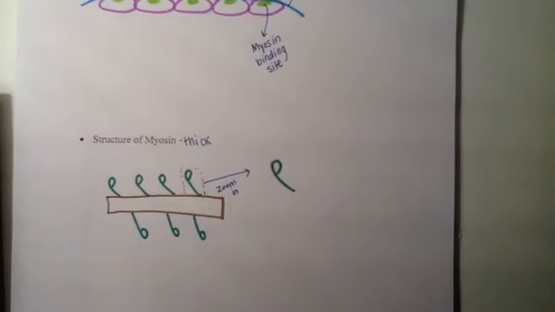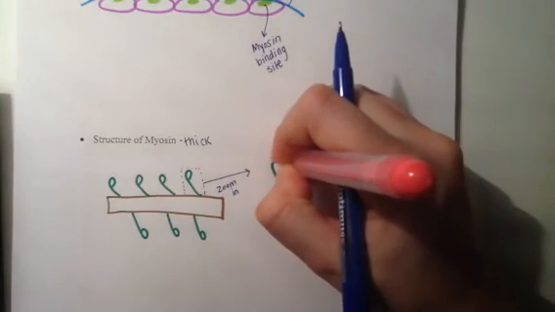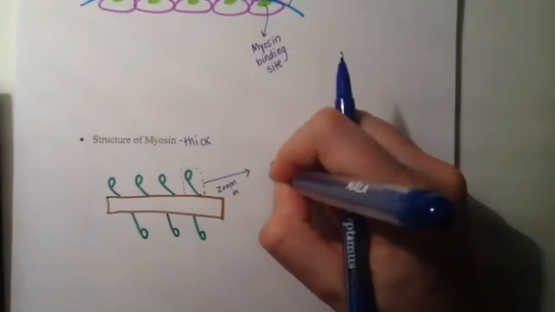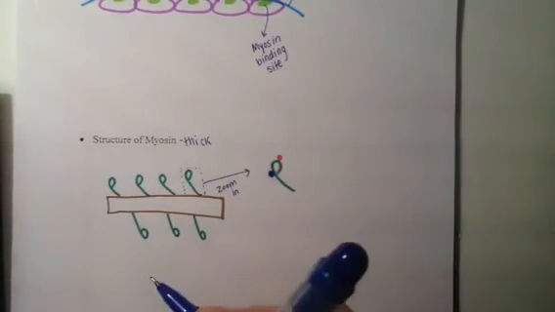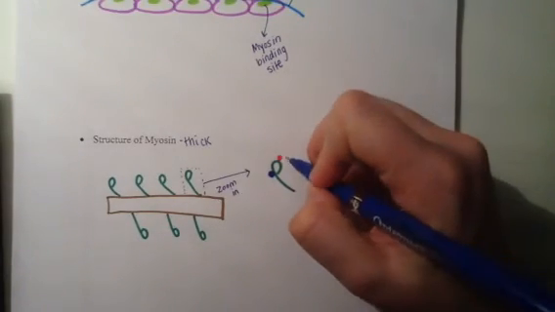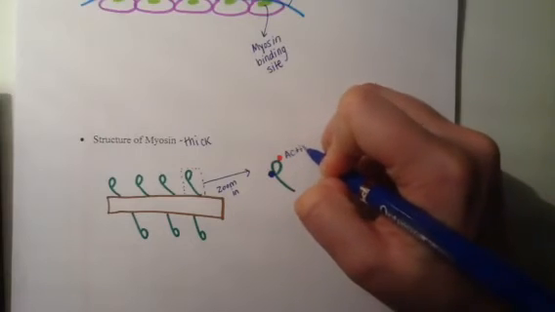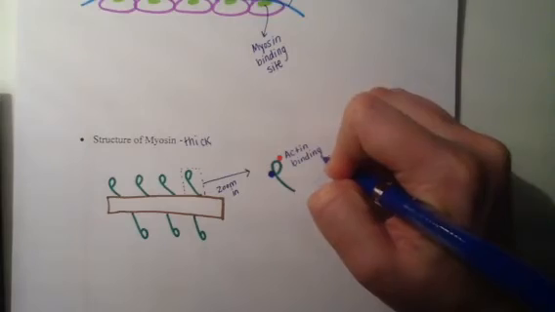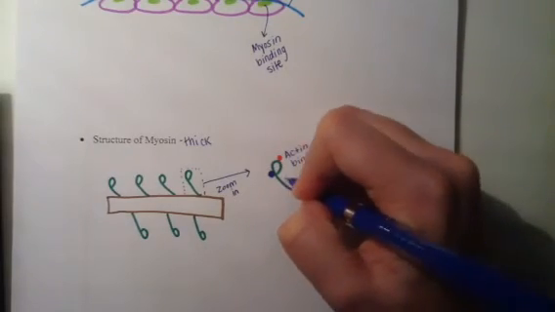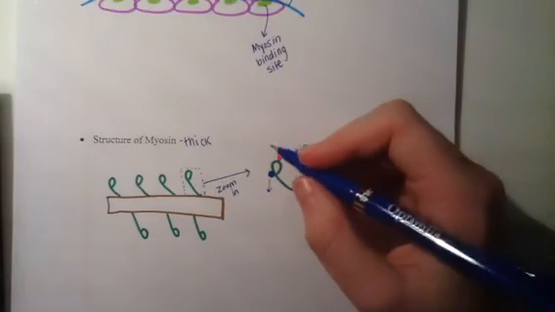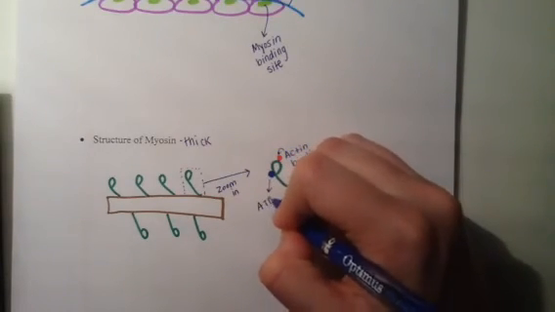One spot is going to be called the actin binding site, and one spot is going to be for ATP. ATP is going to be your energy molecule for this whole process to happen. So this is your actin binding site, and this would be on every one of the heads. And this is your ATP binding site.